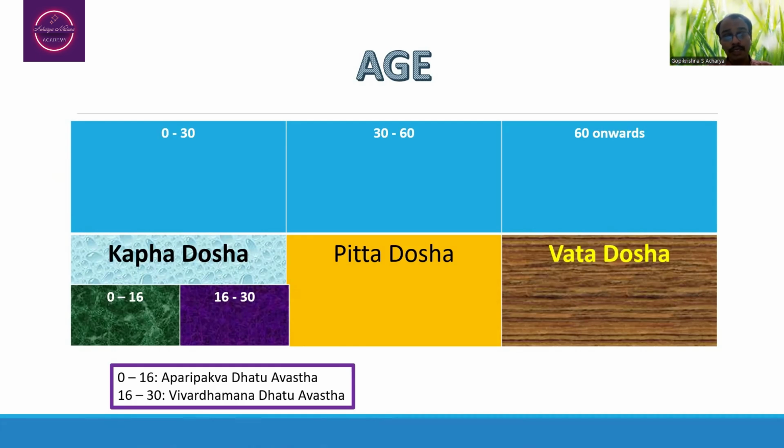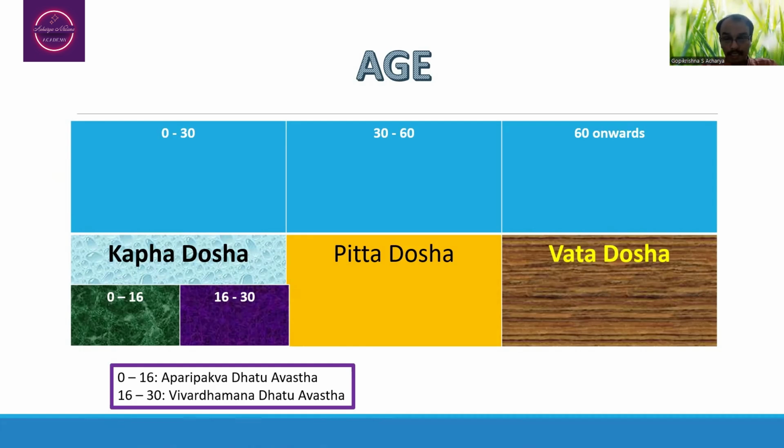So based on that particular age group, we can possibly identify the dosha afflicted in the individual. Suppose the person is 25 years old, naturally there may be a possibility of Kapha dosha vitiation.